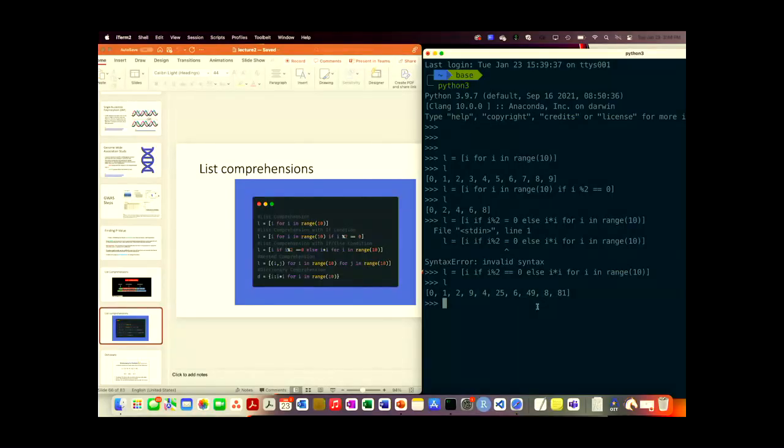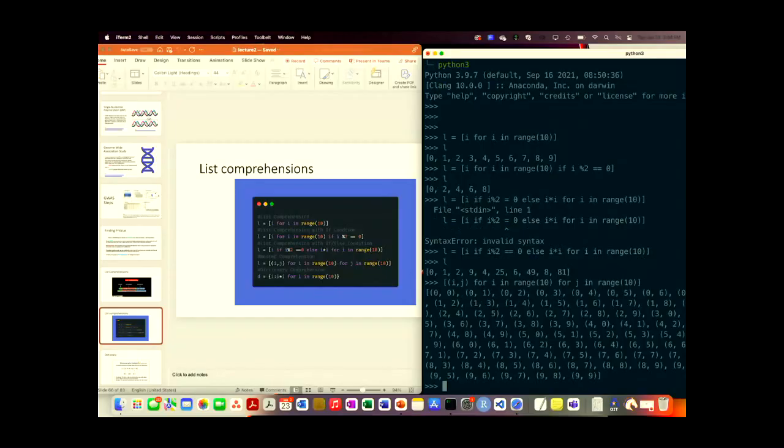We can also do a nested comprehension. You can do ij for I in range 10, for j in range 10. You can see what this list generates, and I didn't assign it, so I just put that out: all possible values of I and j in those two subsequent ranges.